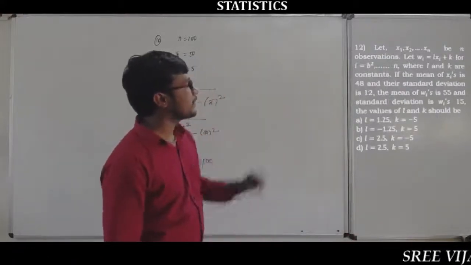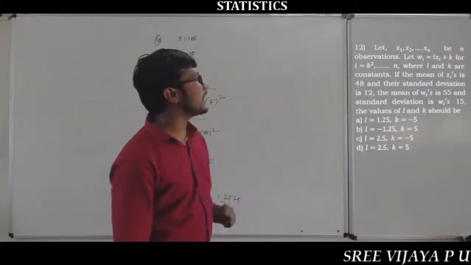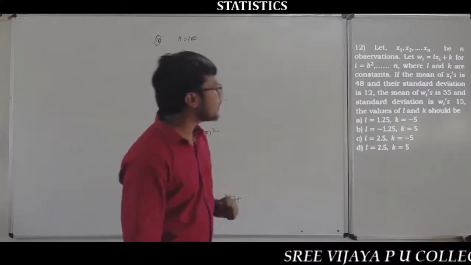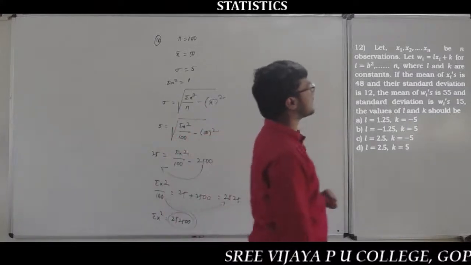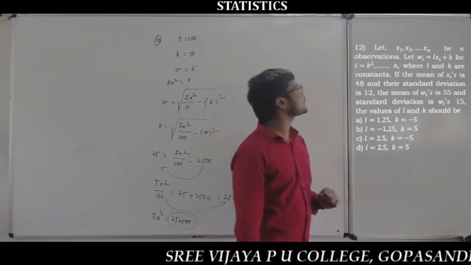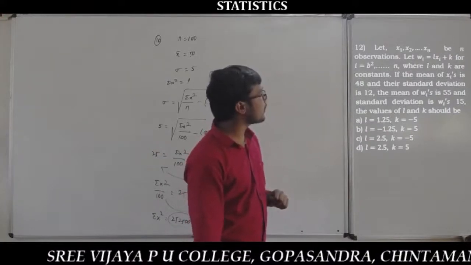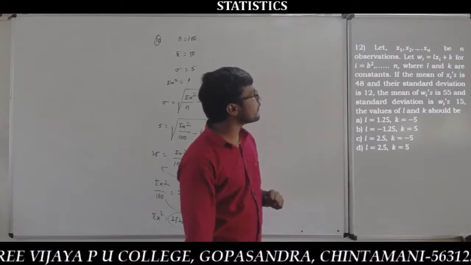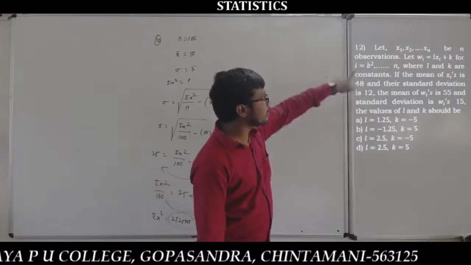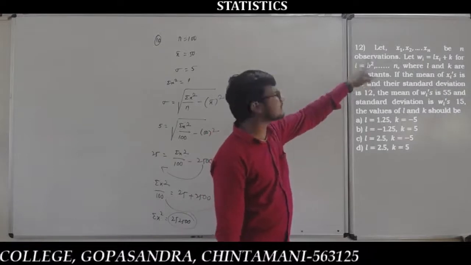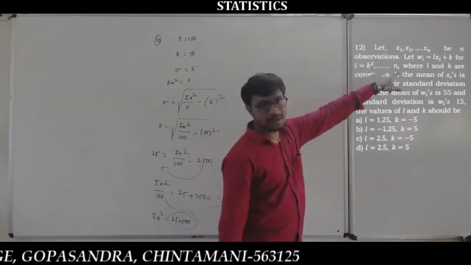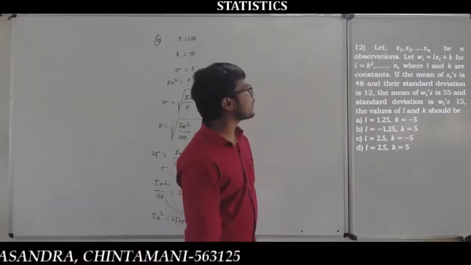Let x1, x2, and so on, xn be n observations. Let Wi equal L xi plus k for i equals 1 to n, where L and k are constants. Here I wrote i equals b square, so just make it 1.